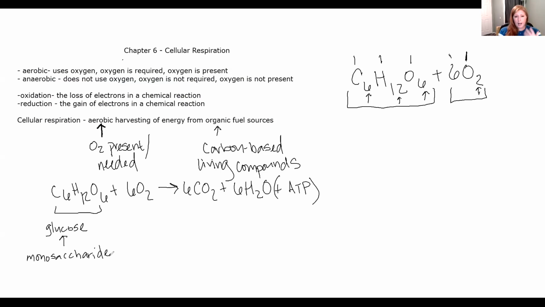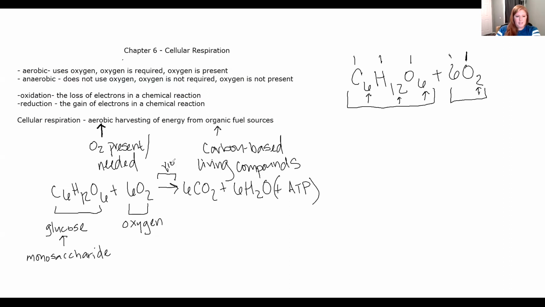Kind of see how all the chapters that we've been going over until this point all build on each other, right? Okay, and then this right here is oxygen gas. This is the oxygen gas that we breathe. And so for this equation, we have 6 molecules of oxygen gas. I think I told you before, but I'll remind you in case, there's not an equal sign for equations in chemistry.